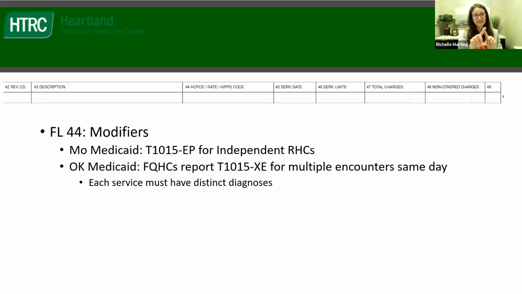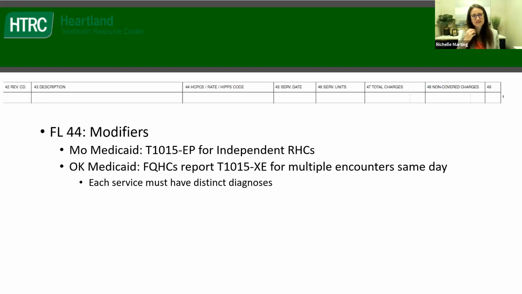If you're using the same procedure codes for the two encounters, the second encounter gets a 25 and a 76. If you're Oklahoma Medicaid, for FQHCs, the second encounter gets a modifier XE, which is kind of like a modifier 59.